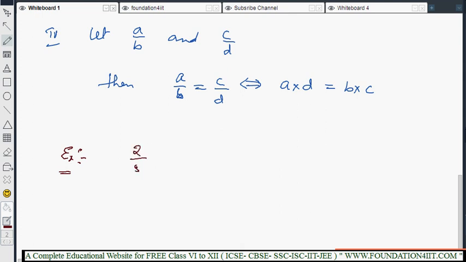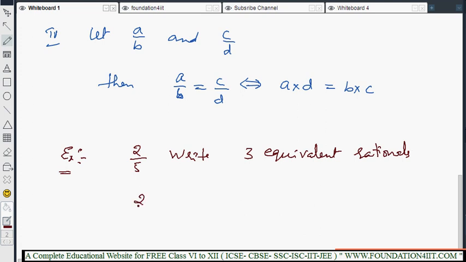They gave 2 by 5, and we need to write 3 equivalent rational numbers for it.